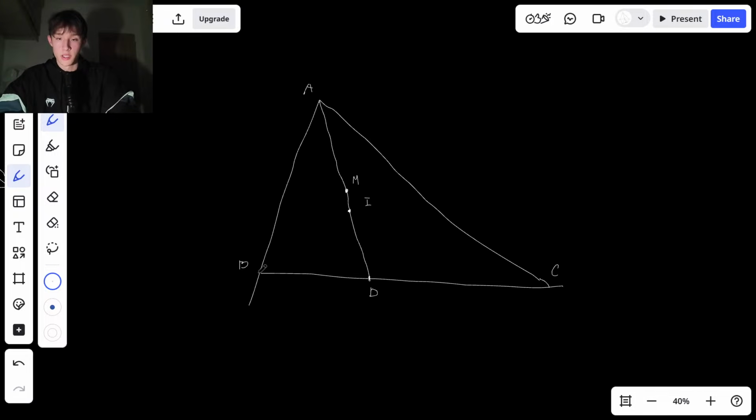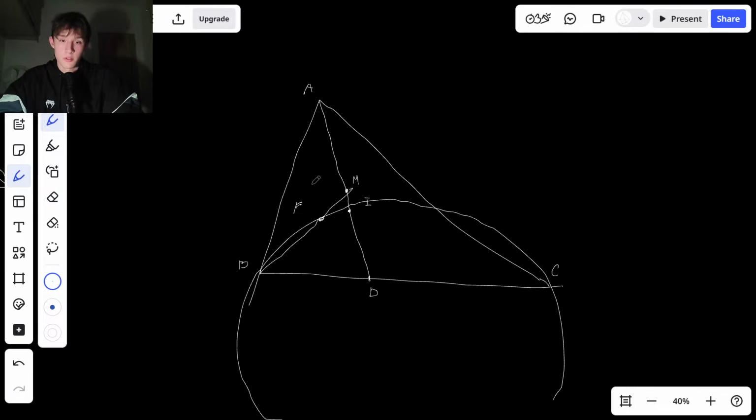And then we draw the circle BIC. It doesn't intersect it here, it does intersect it there though. BM intersects it here at point F, and we want to show that AF is perpendicular to FC. Okay, and we know that M is the midpoint, so we obviously somehow have to use that. And that's all we have.